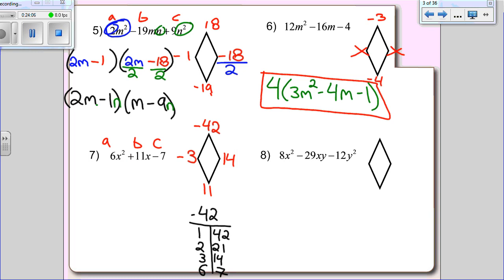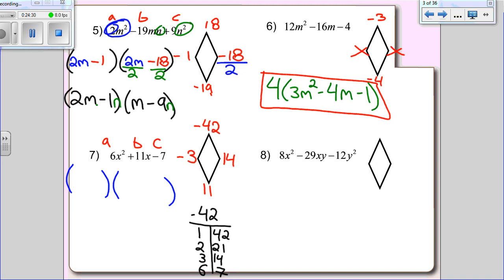Alright, now that I've done my diamond, I create my sets of brackets. Because every time I factor a trinomial, I get 2 binomials. The first term always comes from the first terms of your binomials. 6x squared.